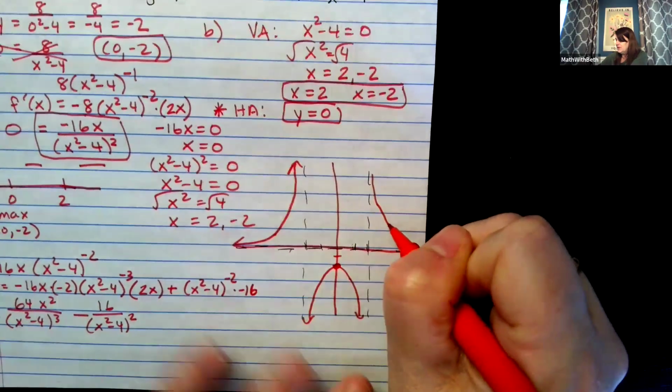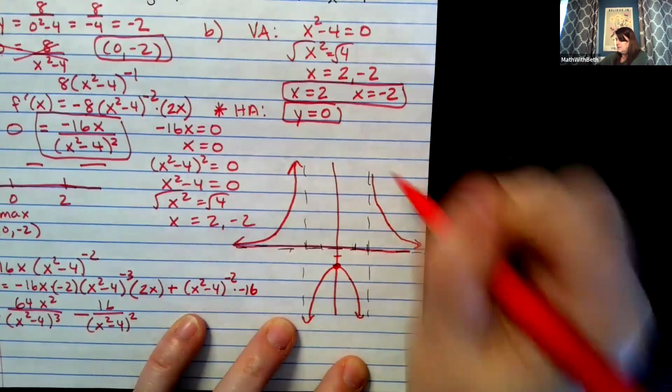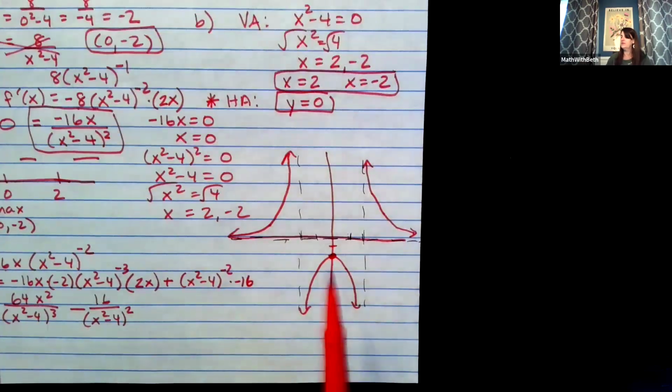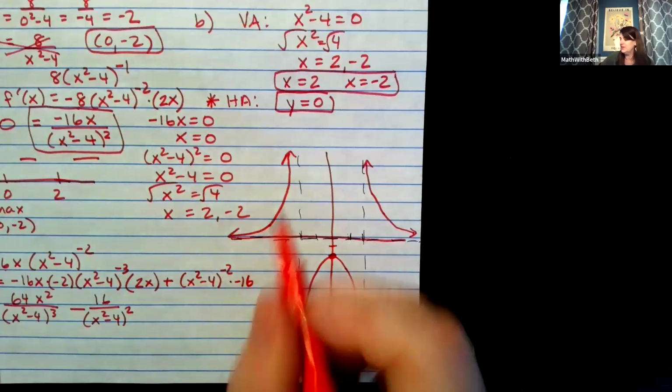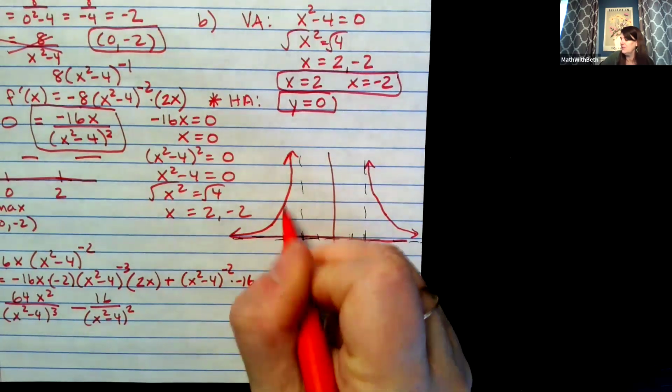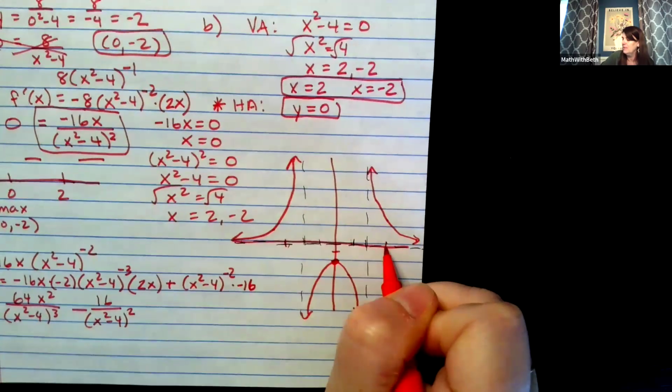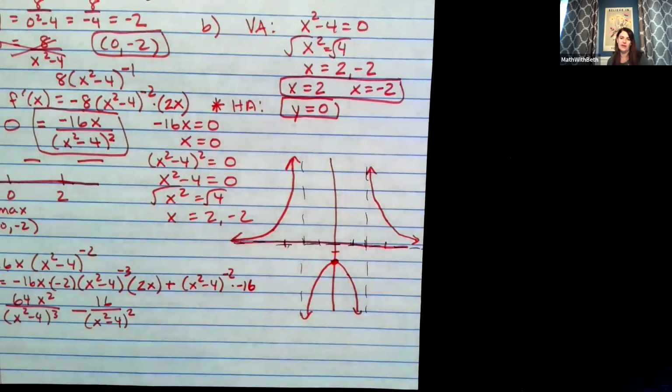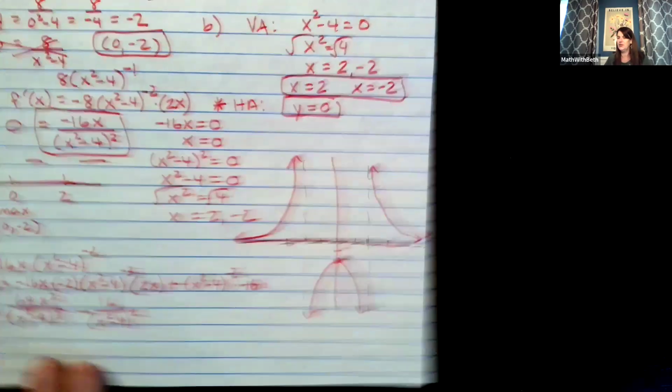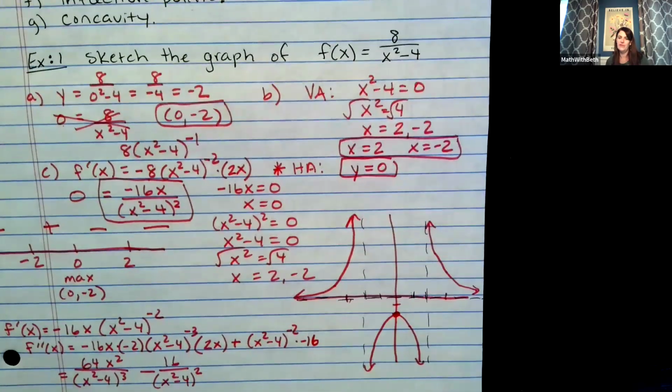So most likely something like this. So the sections where you didn't have any actual points, you could always take an extra second and plug in something like -3 to see exactly what you get, plug in 3 to see exactly what you get. But just for general sketching, we had enough information to pretty much understand what was happening.